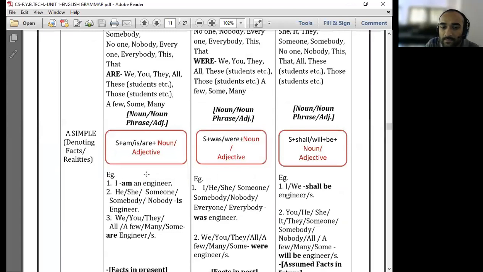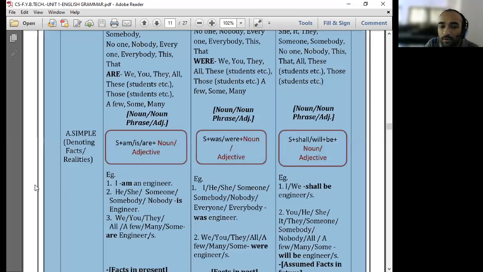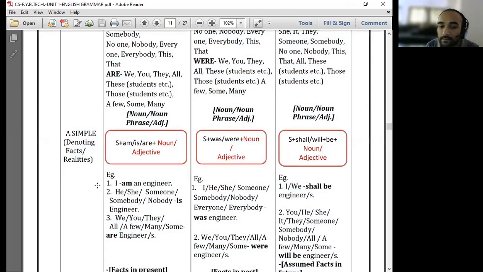For example, and yes, the very important thing is the structure that we are using to form sentences in simple tense. Particularly for the present tense, we are using the structure like subject plus am or is or are plus noun or adjective.